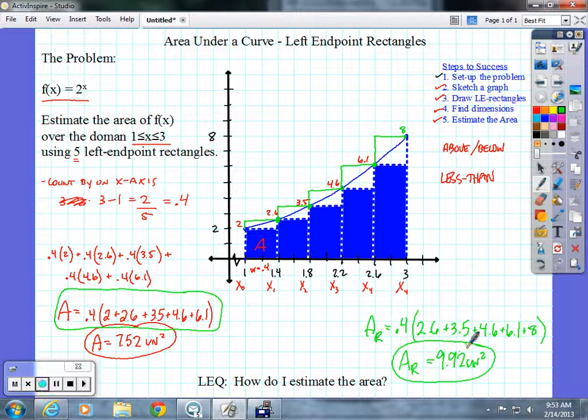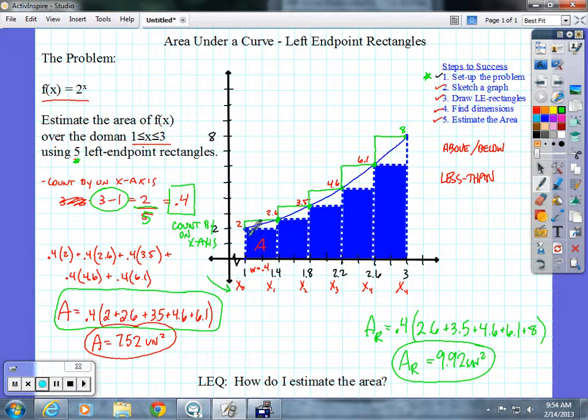So just to review here real quick, set up the problem. That means you take your domain, subtract your domain, divide by the number of sections, which in this case was 5, and that tells us what we're counting by on the x-axis, okay? That's important because it's going to help us down the road. All right, we label those as x sub 0, x sub 1, so forth, all the way up to the end. Then we draw our graph.